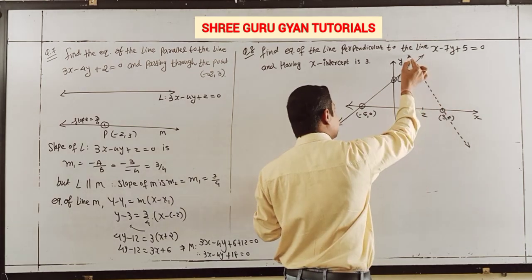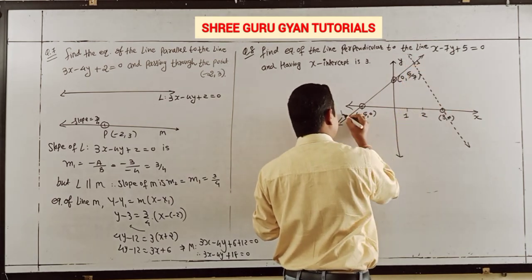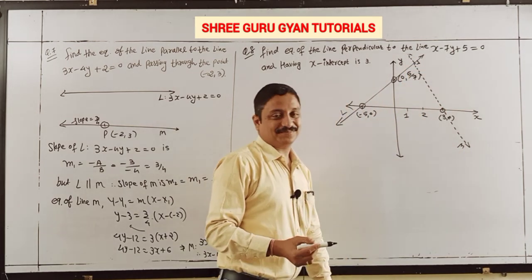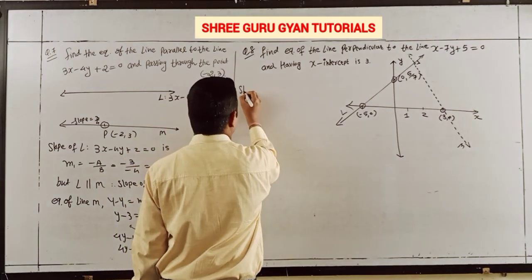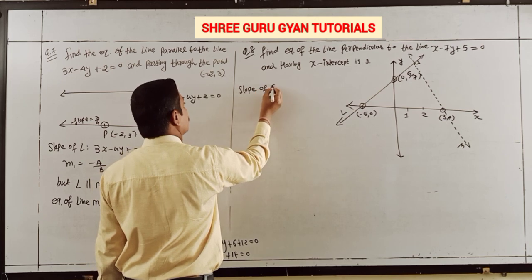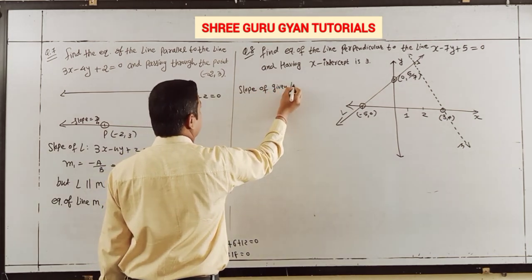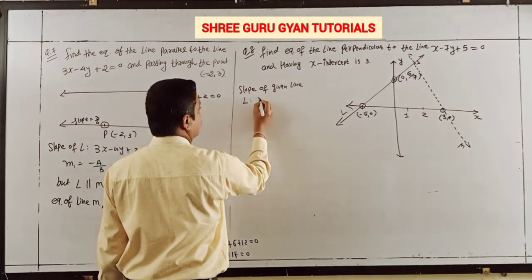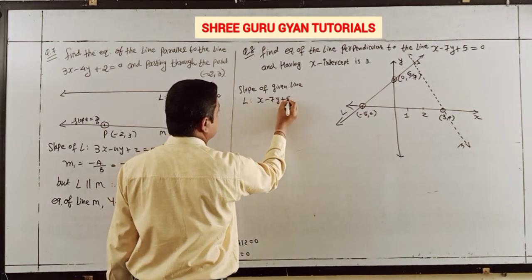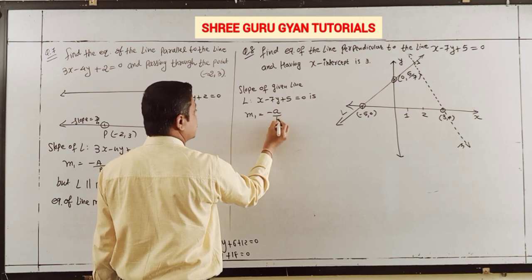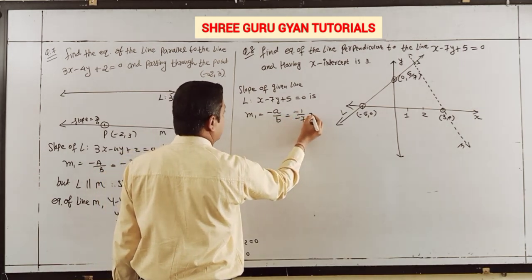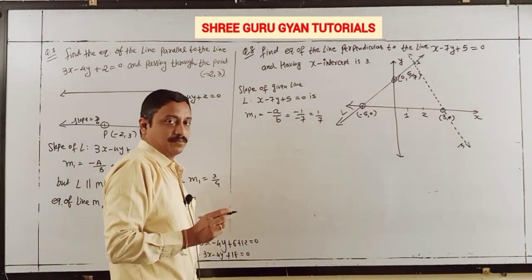We will derive that. Here, perpendicular. This line consider L, here consider M. Very easy. First define the slope of L. So the slope of the given line L, x minus 7y plus 5 is equal to 0, is m1 equals minus a by b, minus 1 by minus 7, 1 by 7.